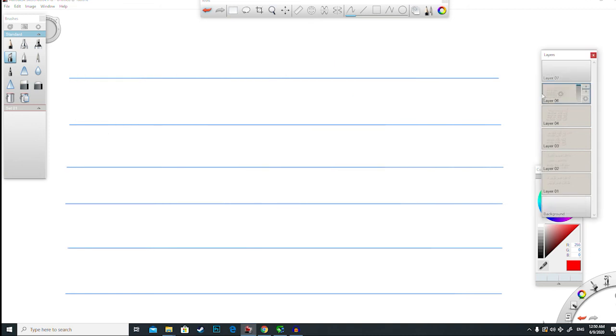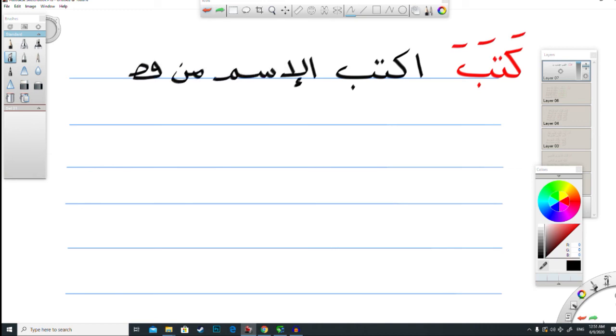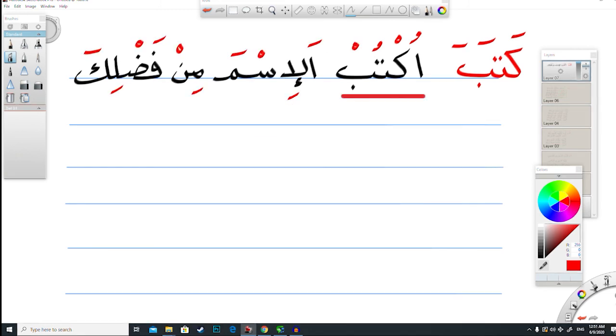Now let's move to the imperative cases, and this is only for the second person. Let's start with the singular masculine. اكتب الاسم من فضلك.